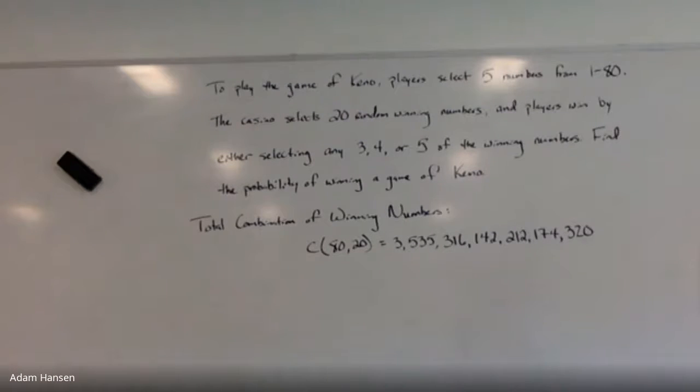If there's 20 winning numbers in the game, wouldn't that be 60 losing numbers in the game? So the first one you do 20 choose 3 times 60 choose 2, because if I hit 3, that means I didn't hit 2 of them. There are 60 numbers that are losers if there are 20 numbers from the 80 that are winners.